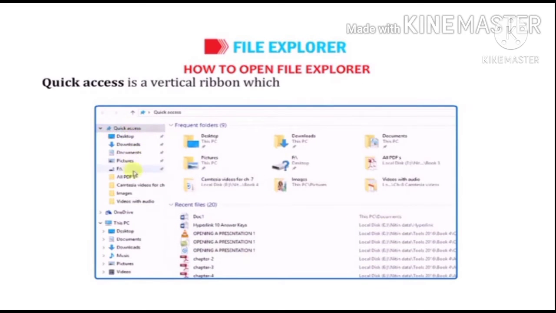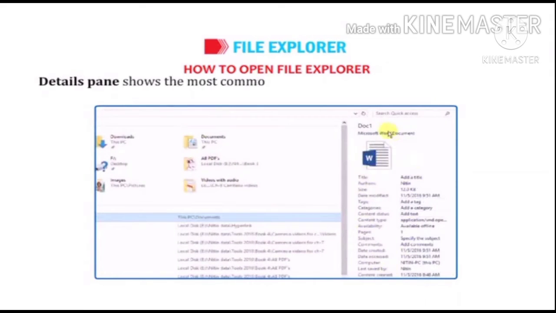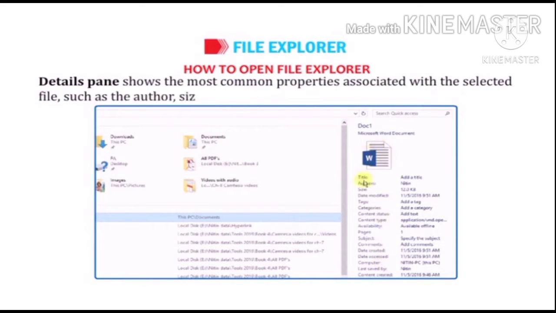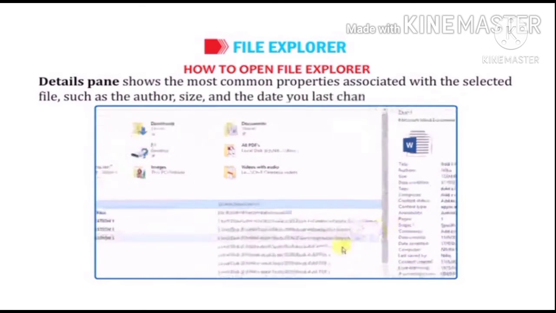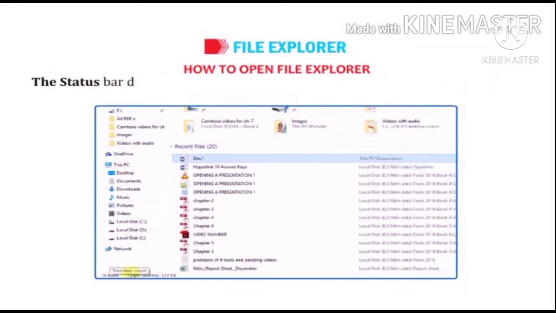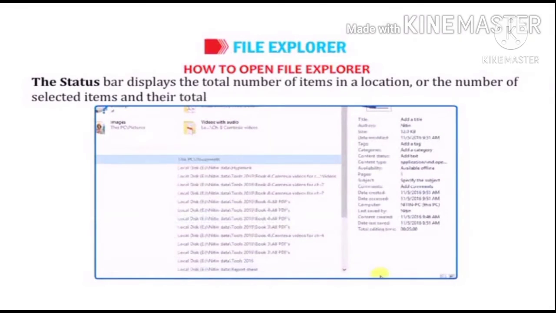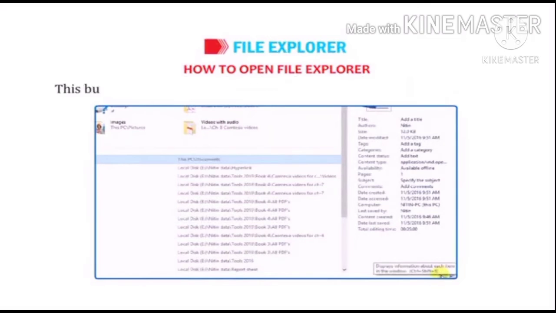Quick access is a vertical ribbon which shows a list of frequently used folders and recent files. Details pane shows the most common properties associated with the files, such as author, size, and the date you last changed the file on, etc. The status bar displays the total number of items in a location or the number of selected items and their total size.